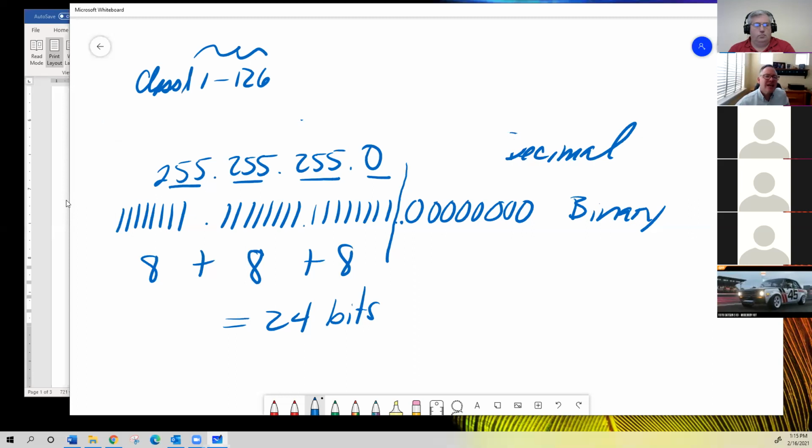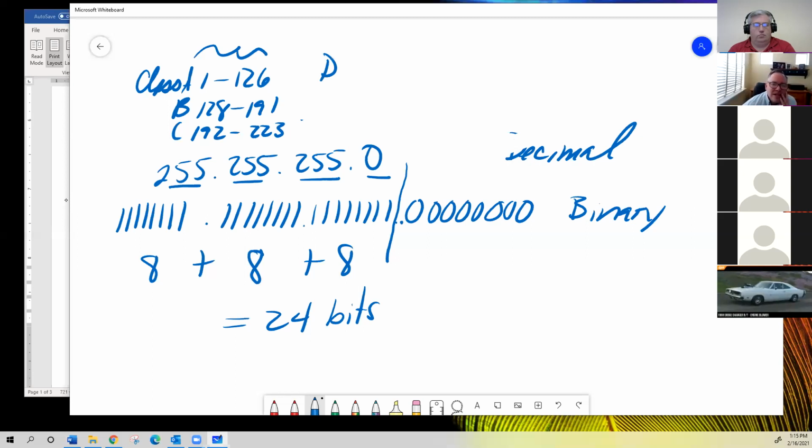That's class A. Class B is 128 through 191, and C is 192 through 223. And then D is multicast, starting at 224. That's your Netflix, Apple Music, things like that.